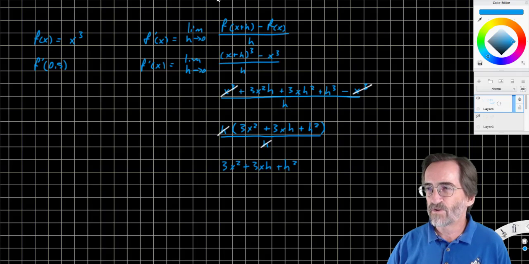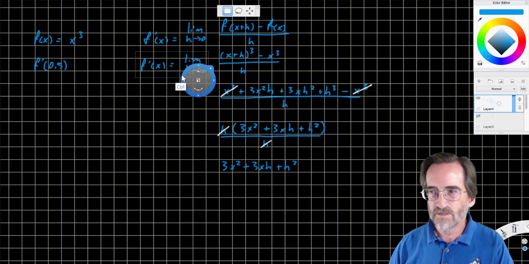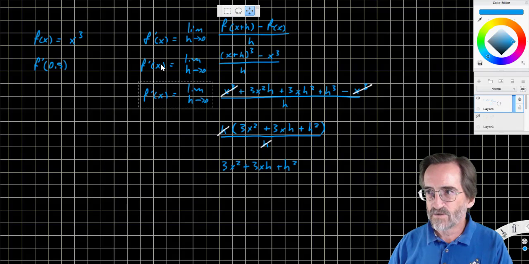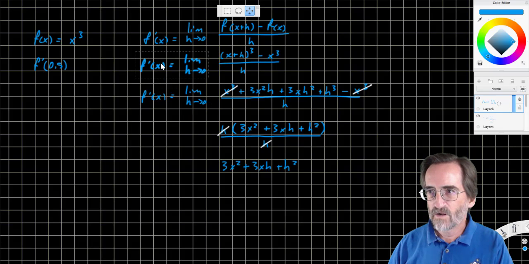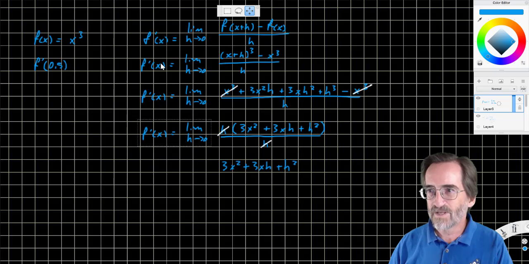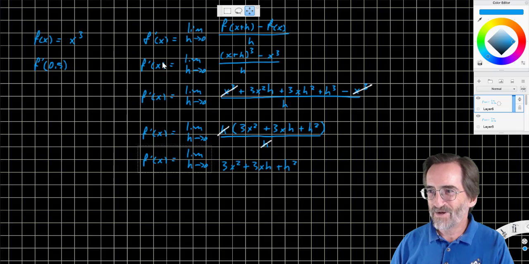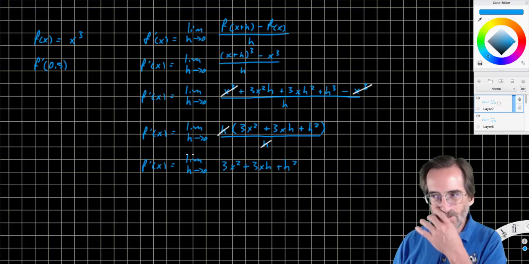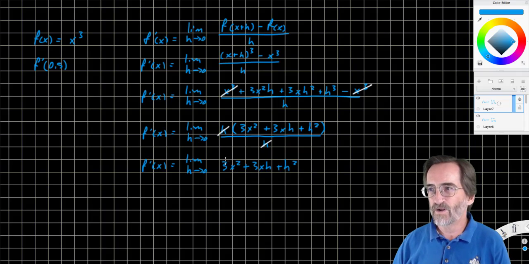Okay, now let's put all that limit stuff back in here. f prime of x equals the limit as h approaches 0. So there, saves a lot of writing. Don't you wish you could do this on your paper? That would be nice. So we're going to take the limit as h approaches 0 of 3x squared plus 3xh plus h squared, right?